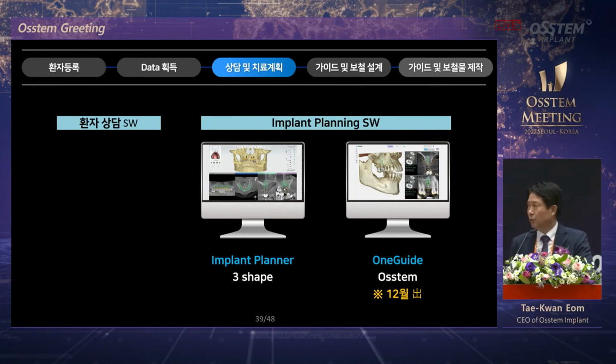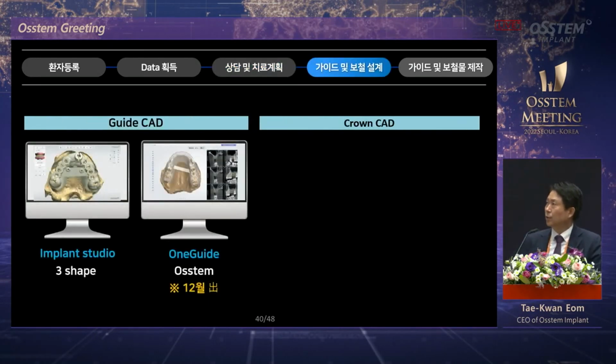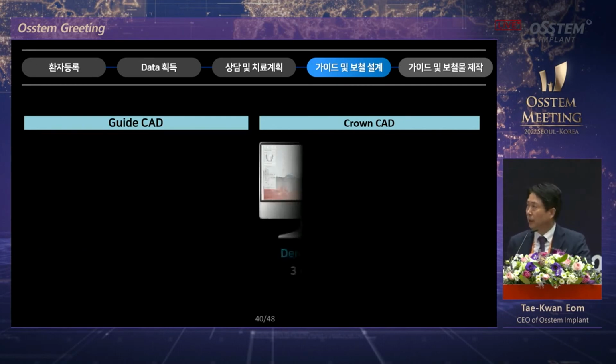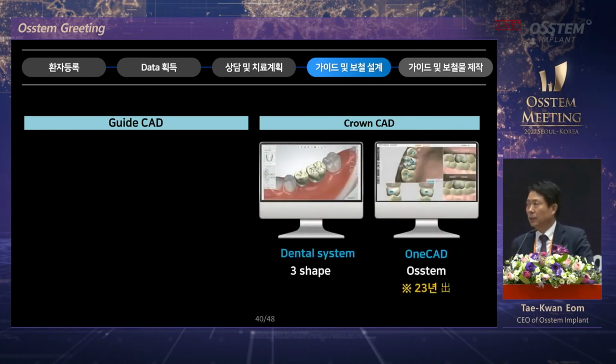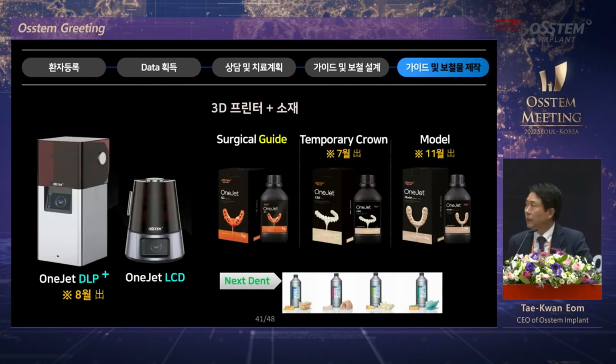Osstem developed one guide, which will be launched at the end of this year, and the guide CAD is used in Implant Studio, and one CAD will be launched in early 2023.